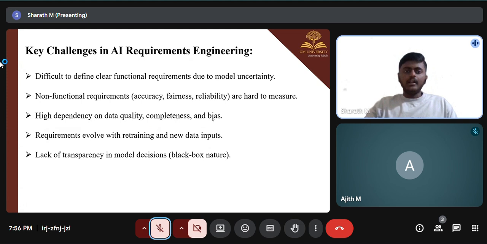AI systems also depend heavily on the quality of data, and any bias or inconsistency in data can affect the results. Moreover, AI models need continuous retraining, so requirements evolve with every new data update. And lastly, the black box nature of many AI models makes it hard to understand or explain their decisions, which complicates validation.